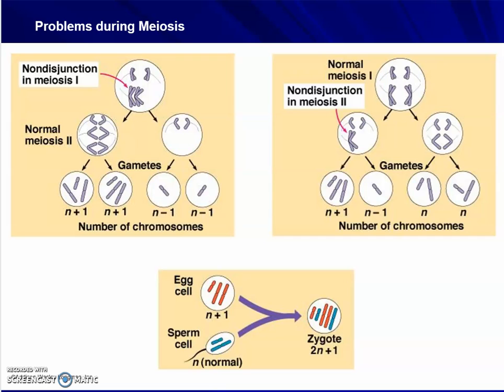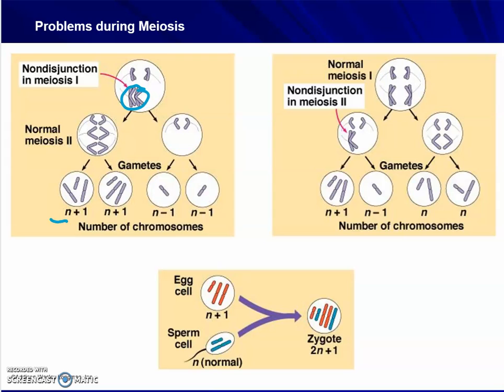As the pairs are lining up, they're supposed to separate. This pair fails to separate. They both go into one cell, and this cell here gets none of the big copies of this chromosome. Now, they undergo meiosis 2, and you end up having gametes that have N, a haploid set, plus an extra 1, N+1.